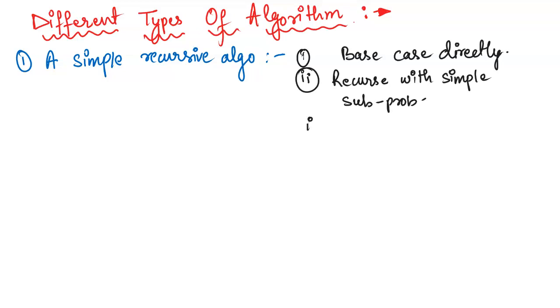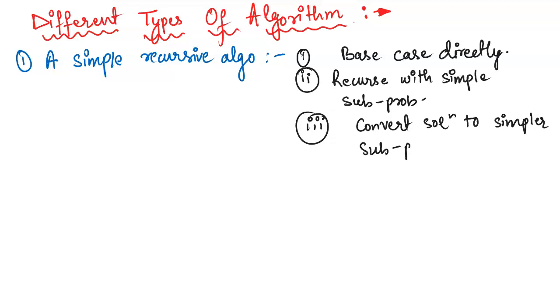And the third and last step is that we will do some extra work to convert the solution to the simpler subproblem into a solution to the given problem. So this is for the first type.